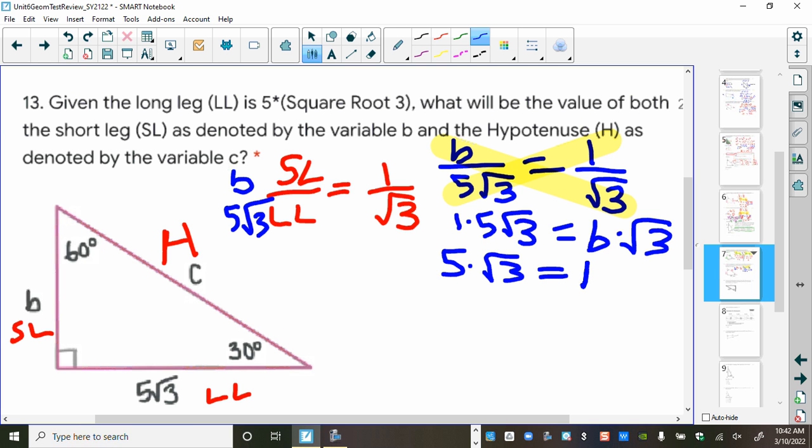Now, in this case, since both sides, do we see both sides are being multiplied by square root of 3? What's the quickest step we can take to get the variable by itself? Divide by square root of 3. That's all you have to do for this one.